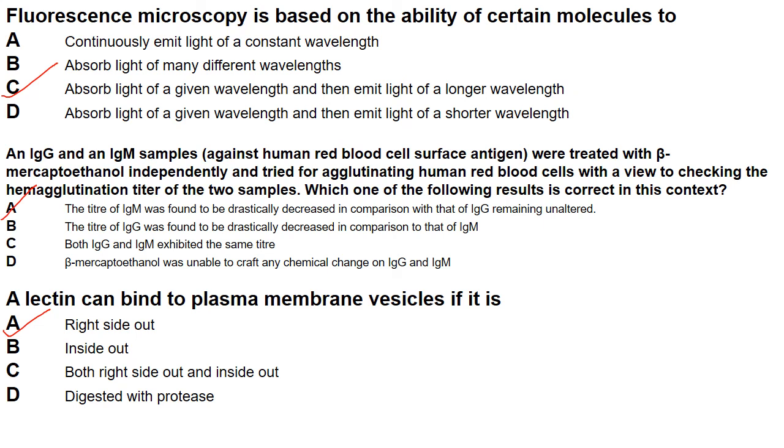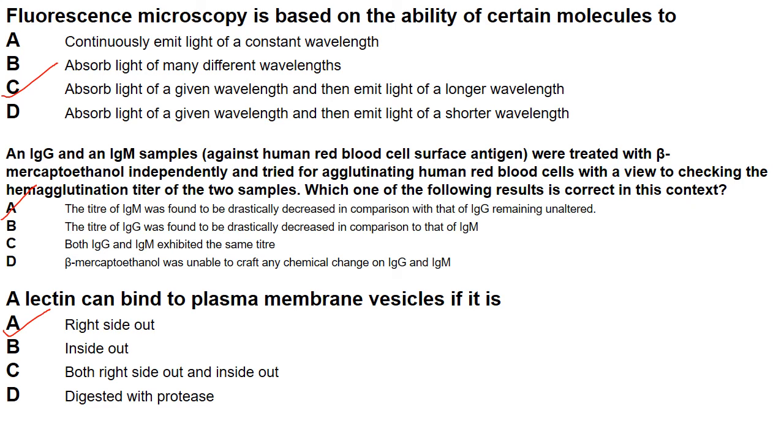The next one. An IgG and an IgM samples against human red blood cell surface antigen were treated with beta-mercaptoethanol independently and tried for agglutinating human red blood cells with the view of checking the hemagglutination titer of the two samples. Which one of the following results is correct in this context?